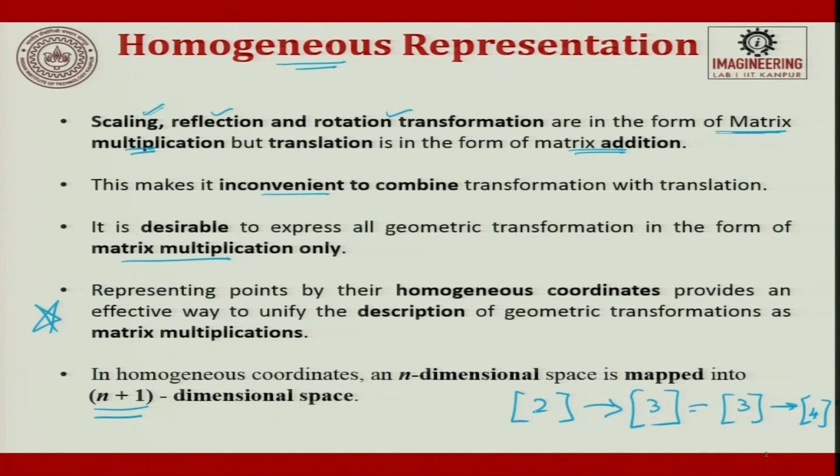So 2 dimensional, you write in a 3 cross 3 matrix. When you have a 3 dimensional object, you write it in 4 cross 4. Here we are converting into matrix multiplication form.